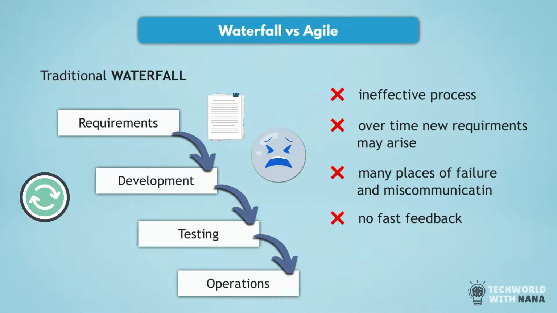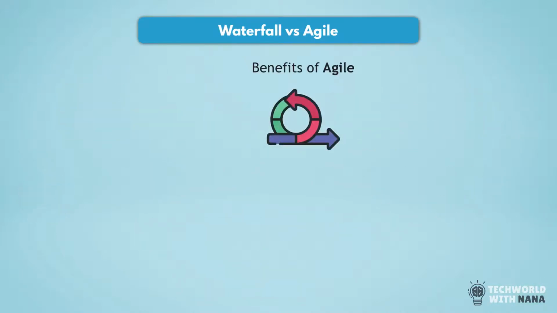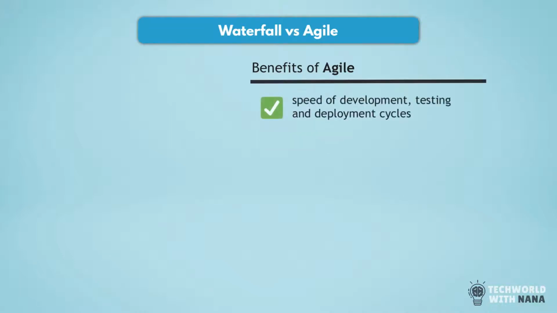So as an alternative to the waterfall method, a very different methodology was developed, called Agile methodology for software development, which is actually pretty popular and is becoming increasingly popular across organizations and companies. The main benefit, the thing that it solves, is the speed of development, testing, and deploying cycles.